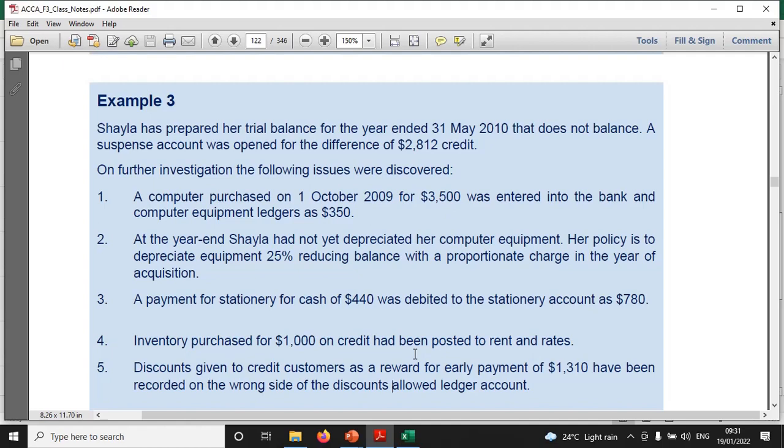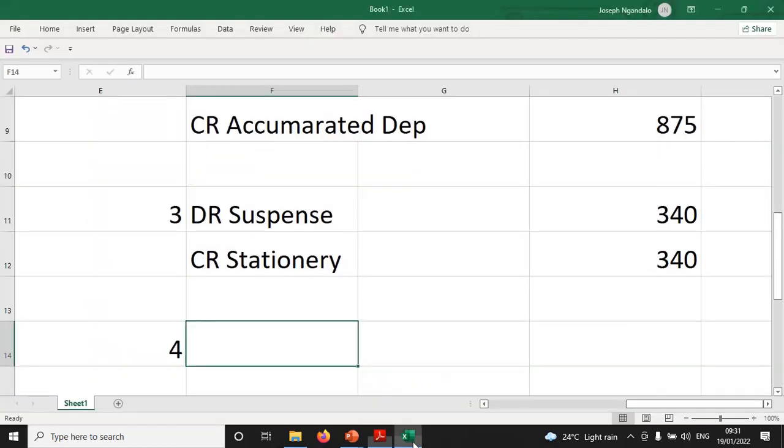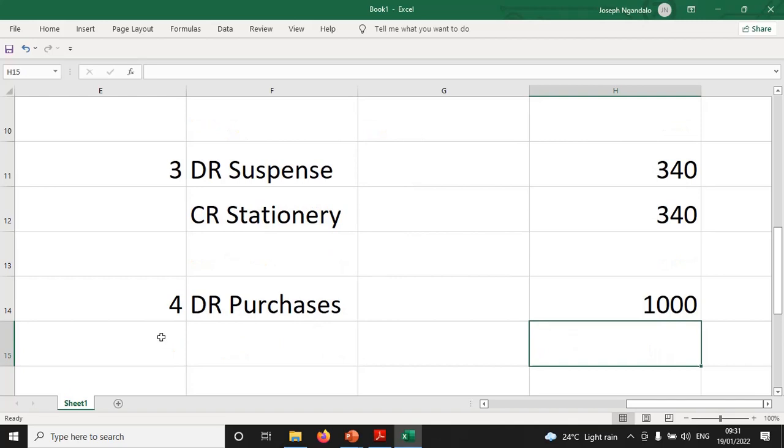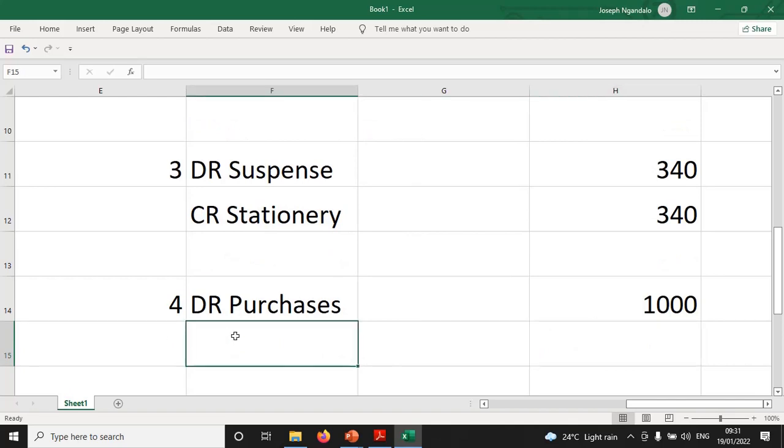Rent and rates. Have I mentioned the suspense? No. So say debit, in this case, purchases with 1,000. And then credit rent and rates.